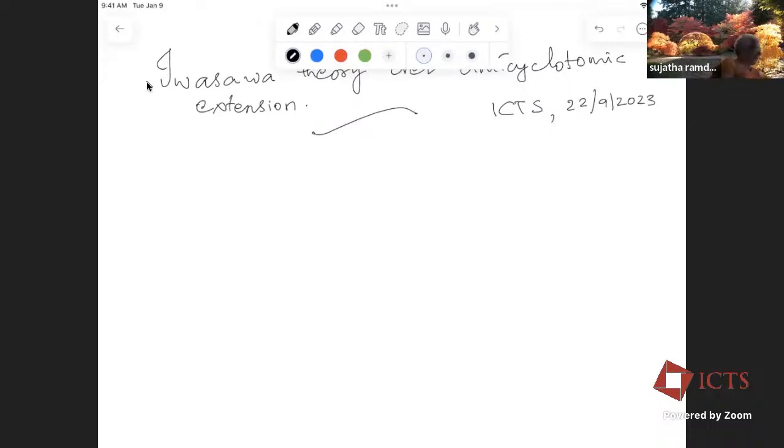All right. Okay. So in this talk, I want to give an overview, a kind of compare and contrast, about the results on Iwasawa theory for the cyclotomic and the anticyclotomic extension. So let's start with K over Q. This is the setting.